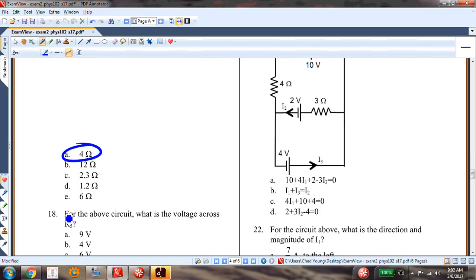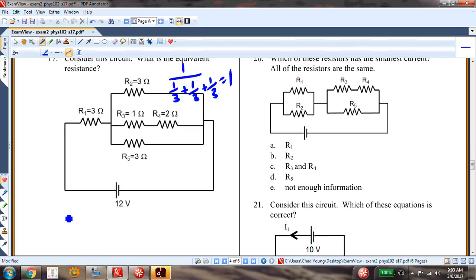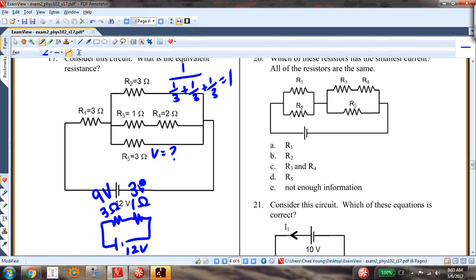Now the next one, what is the voltage across R5? So what is the voltage here? Well, if I have a 3 ohm and a 1 ohm with 12 volts, I think we've done this one. This one should be 9 volts, and this one should be 3 volts.